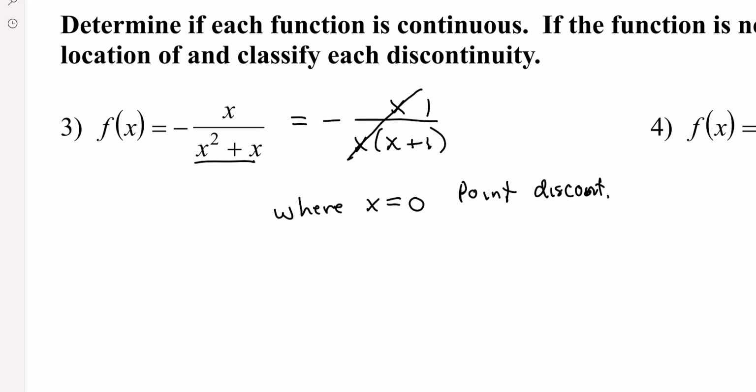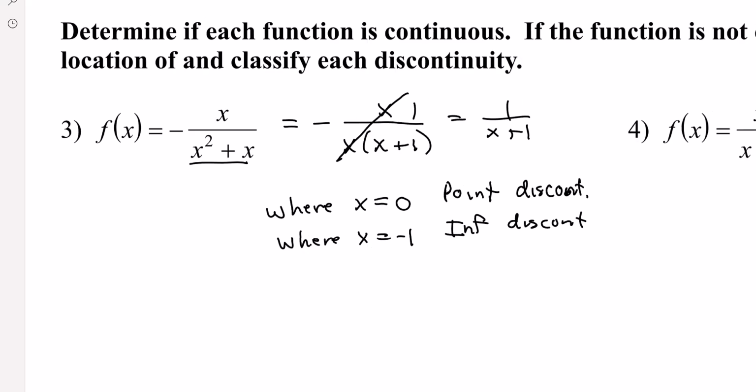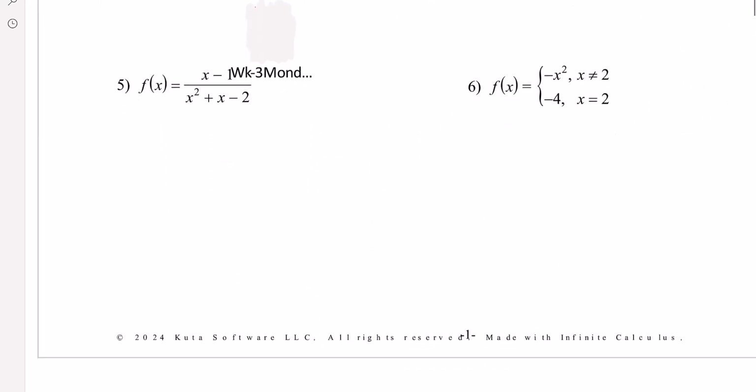I think I'm going to let you abbreviate it there. And then the opposite of 1. So where x is equal to -1, essential or infinite discontinuity. All right, so that's what those mean.